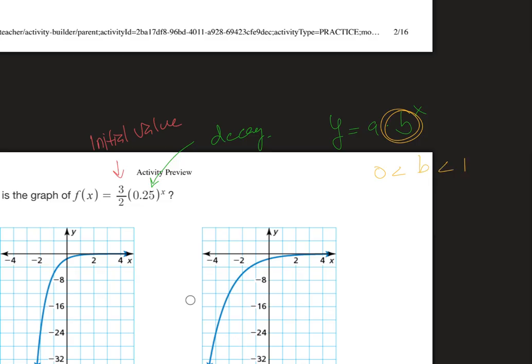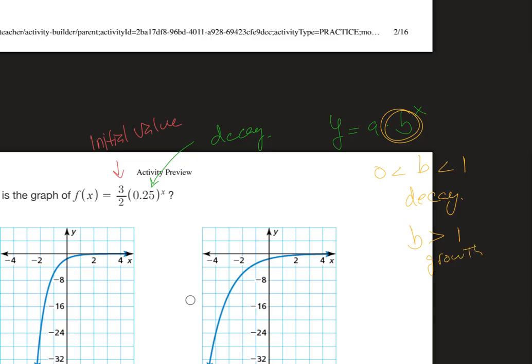B is between 0 and 1, then it's decay. And if b is bigger than 1, then we have growth.